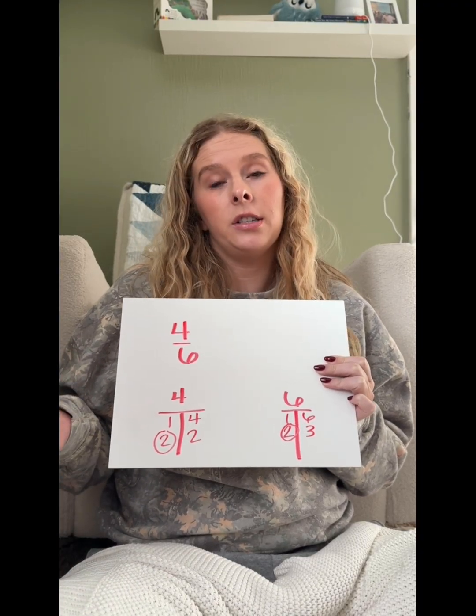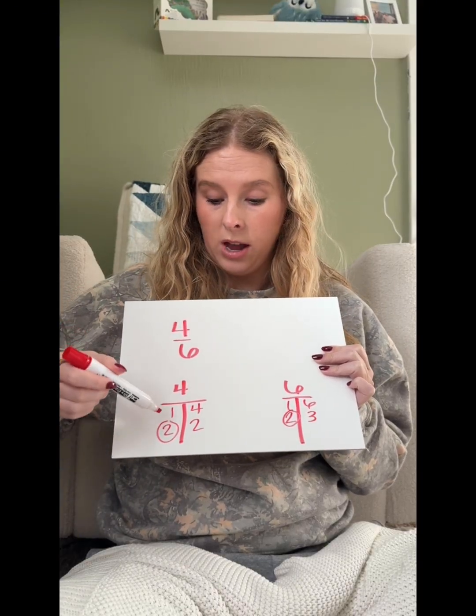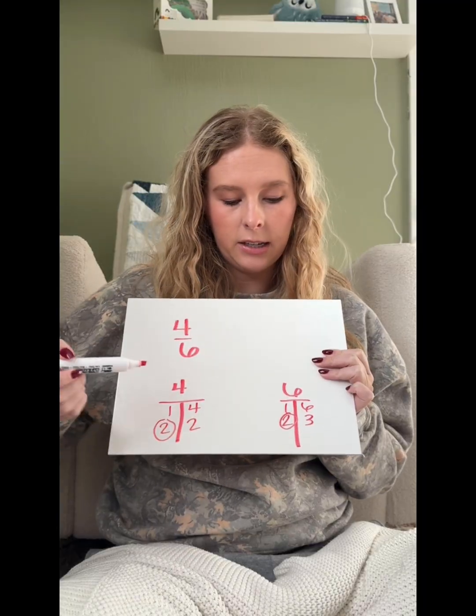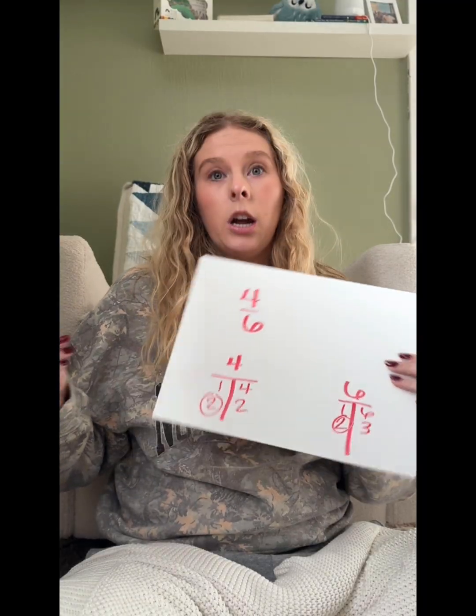Not all fractions need to be simplified. So 4/6. Well, 4 and 6 have a factor that they share, and it's 2. If the only number they have in common is 1, it's just going to simplify to the same thing.